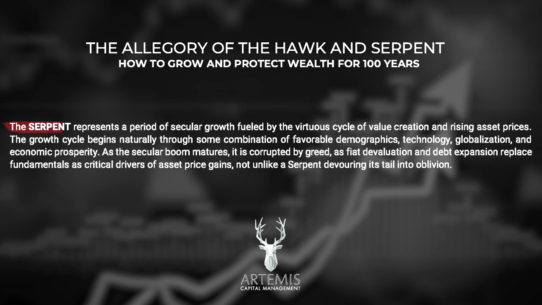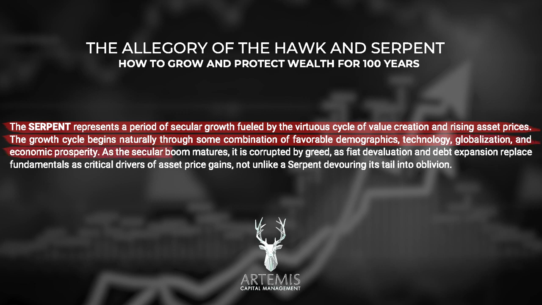The serpent represents a period of secular growth, secular is long term, fueled by the virtuous cycle of value creation and rising asset prices. The growth cycle begins naturally through some combination of favorable demographics, technology, globalization, and economic prosperity.